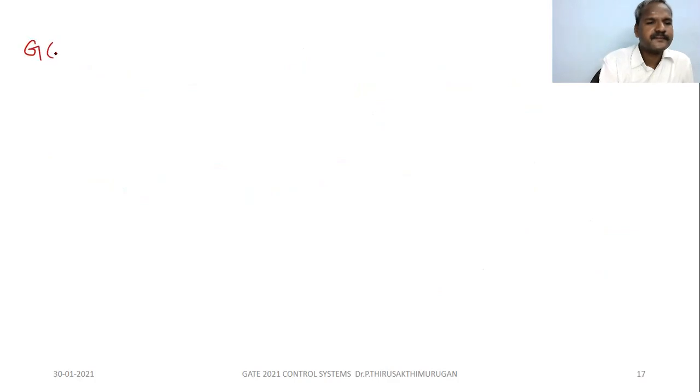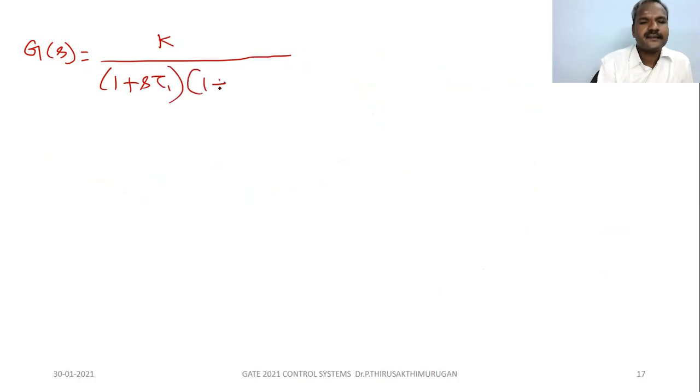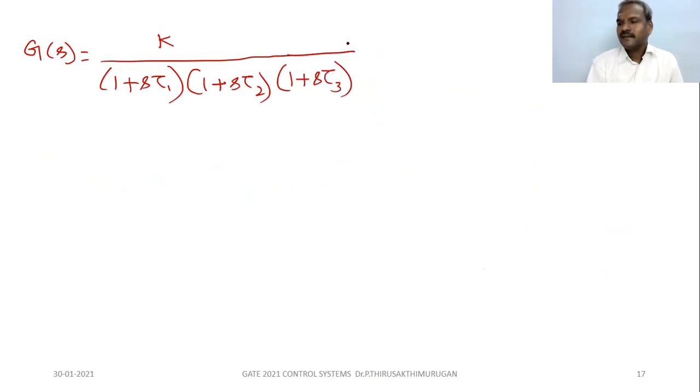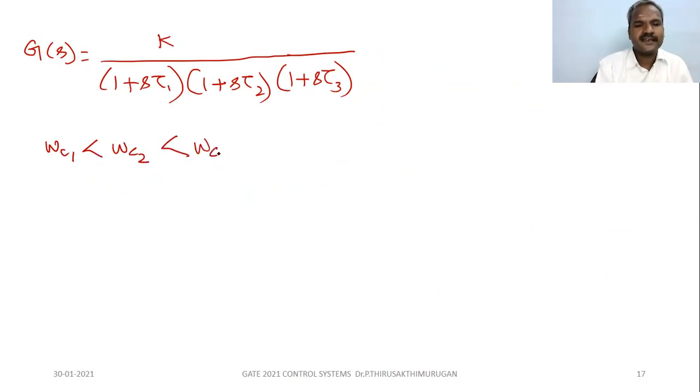So g of s equal to k divided by 1 plus s tau 1, 1 plus s tau 2, 1 plus s tau 3. We assume omega c1 is lesser than omega c2 lesser than omega c3, that is, 1 by tau 1, 1 by tau 2, and 1 by tau 3.